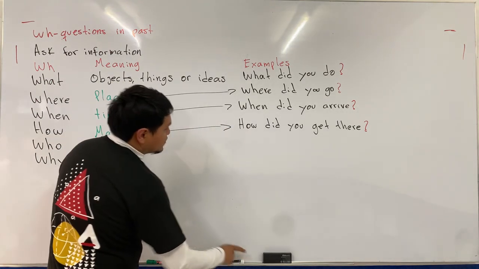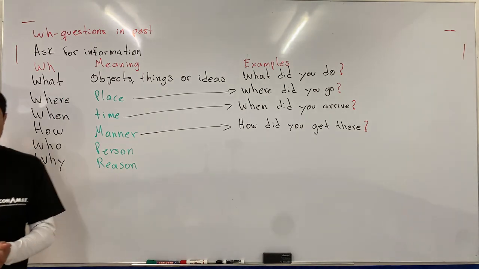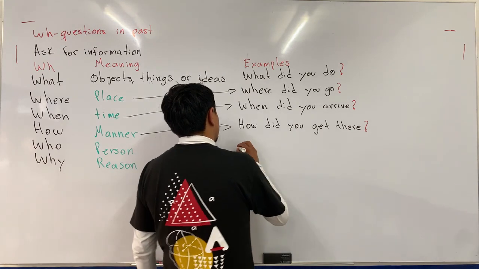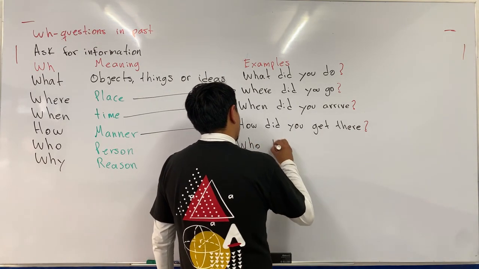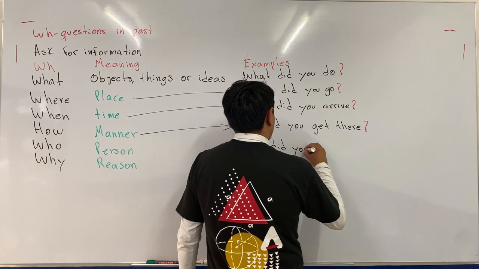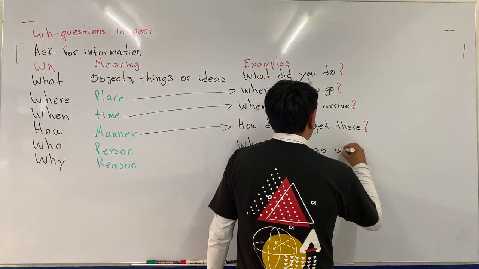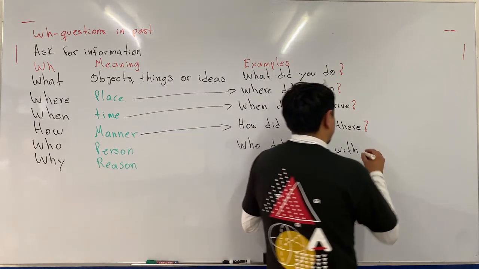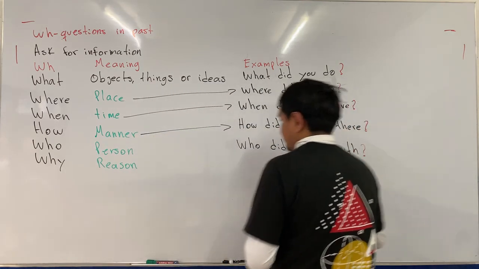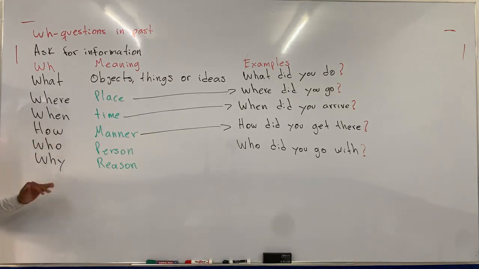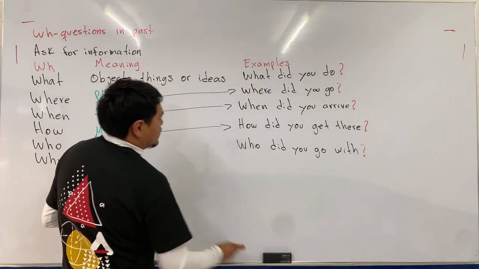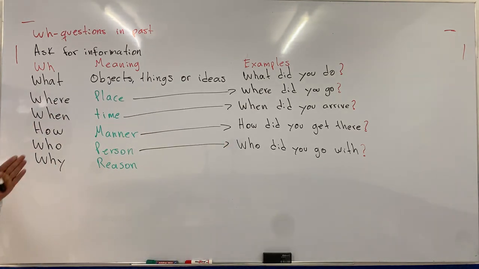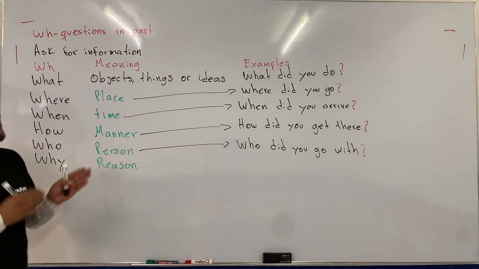Now, for person, for who, who did you go with? This is for who in simple past. Who did you go with?